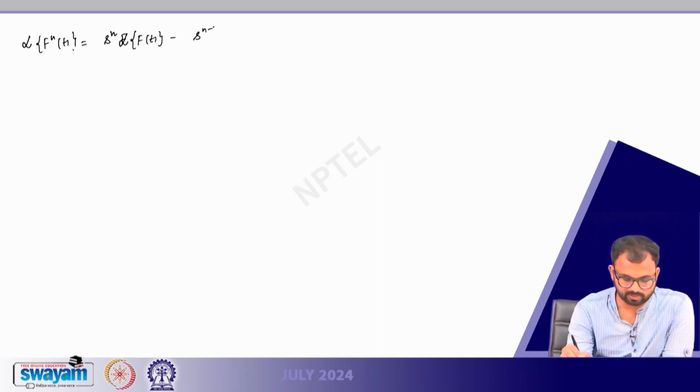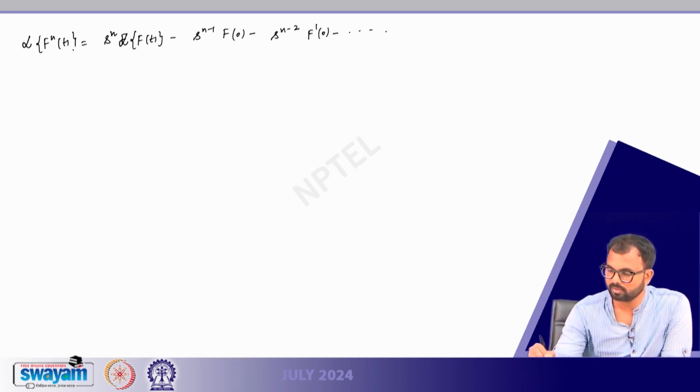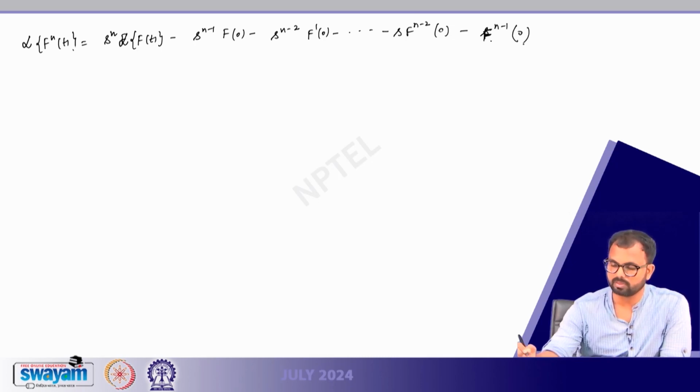minus s to the power n minus 1 times f(0), minus s to the power n minus 2 times f'(0), minus and so on, minus s times f^(n-2)(0), minus f^(n-1)(0).